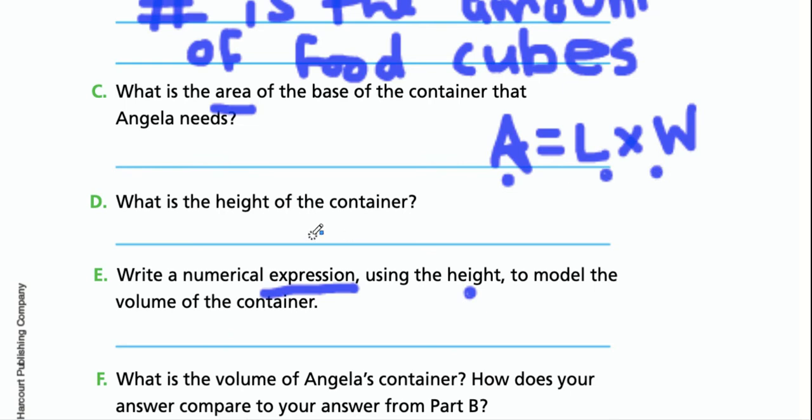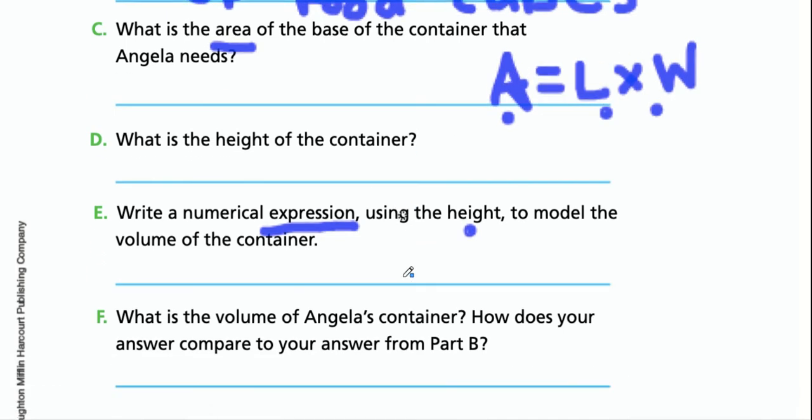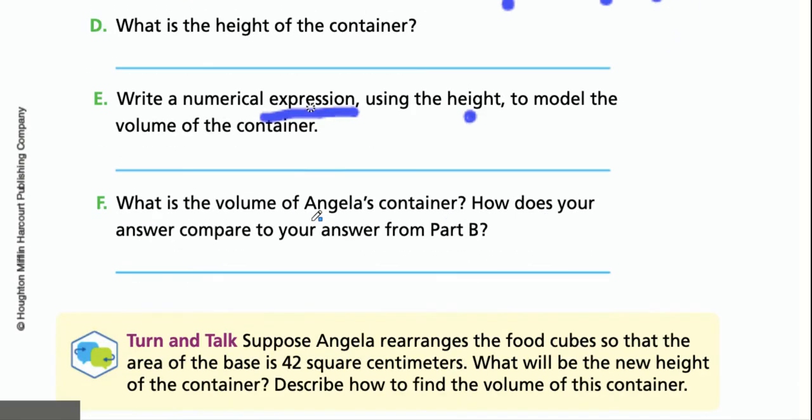So whatever answer you got from D plus whichever part you want to use from C. You can either say just the area times the height, or you could do the length times width times the height to give me the expression. It did not ask for an equation or an answer. It just wants a numerical expression, so numbers with the operation.